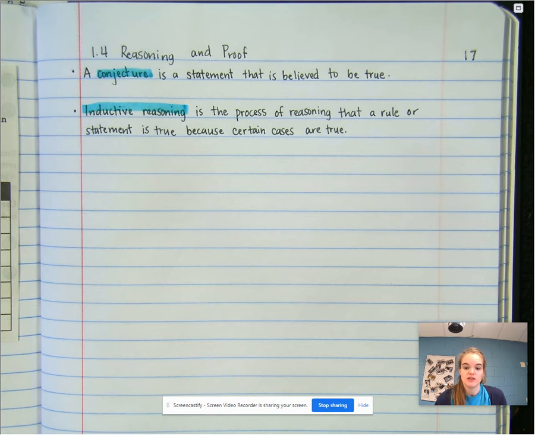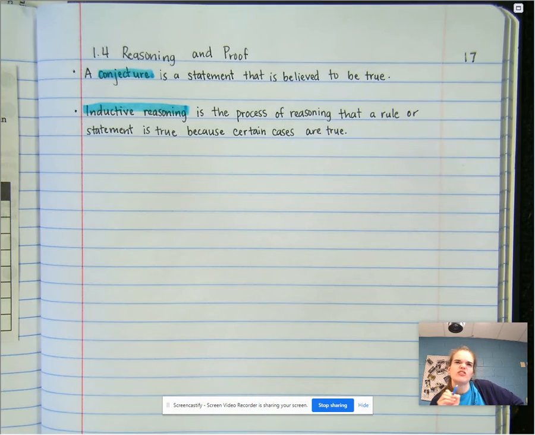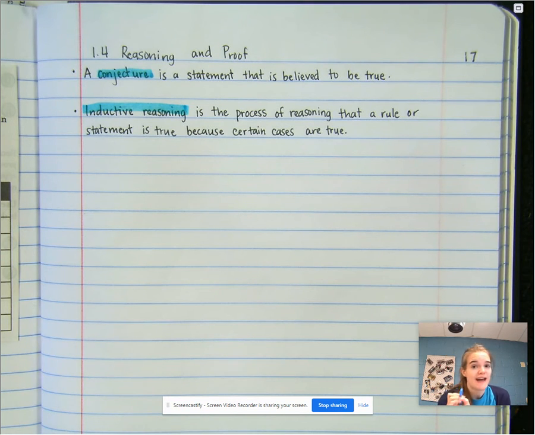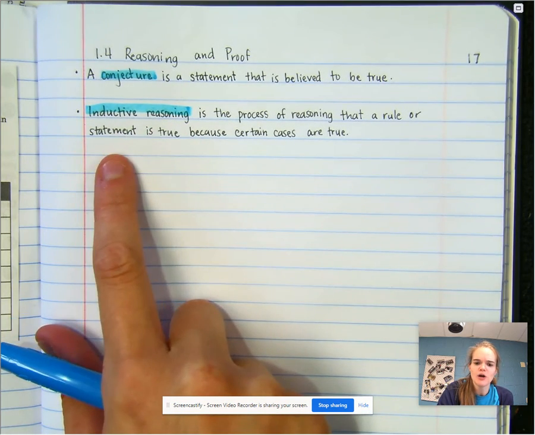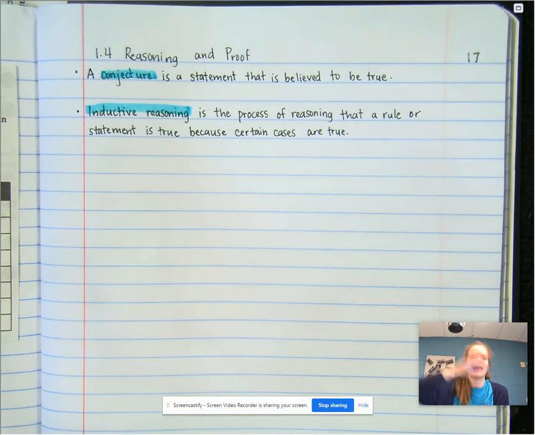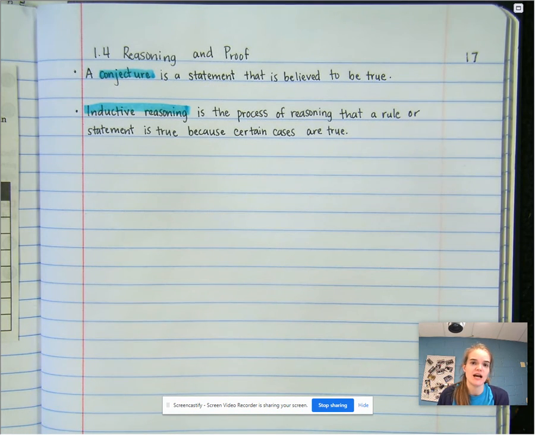Inductive reasoning is taking specific cases and making a whole generalization. A lot of people are doing that on Facebook and things right now. For instance, remember how I said my conjecture is every student in my 6th period loves math? Well, if I know for a fact that 2 people in my 6th period love math, inductive reasoning says, well, those 2 people love math, so that means everybody must love math in that class.